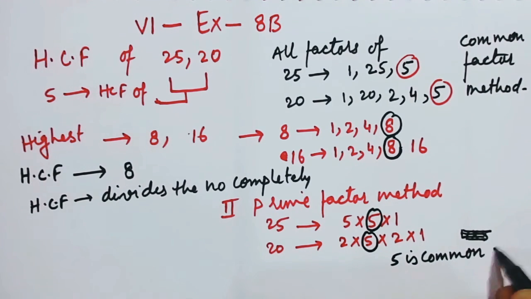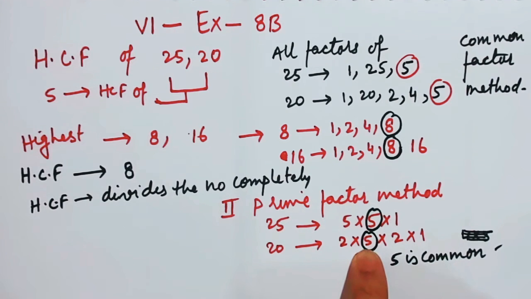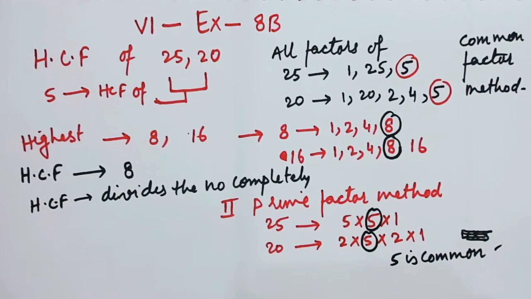Therefore 5 is the HCF of 25 and 20. Let me take one more pair of numbers, 24 and 49.